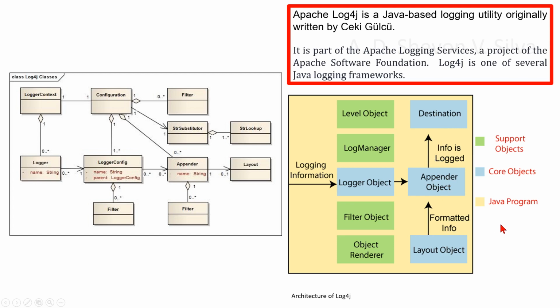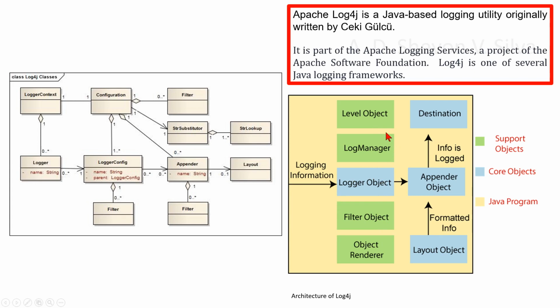Support objects. There are some other important objects in the Log4j framework that play a vital role in the logging framework. Some are: level object, filter object, object renderer, log manager.